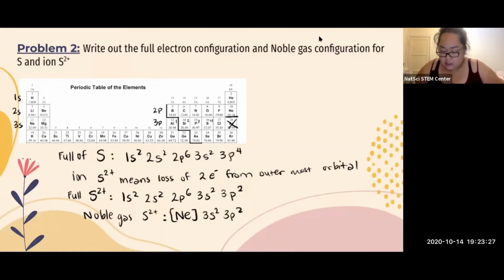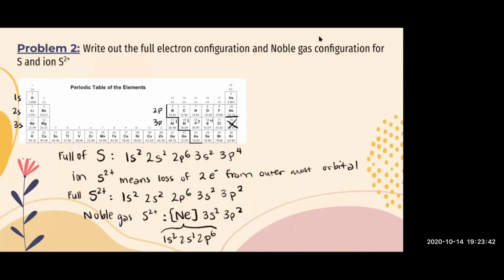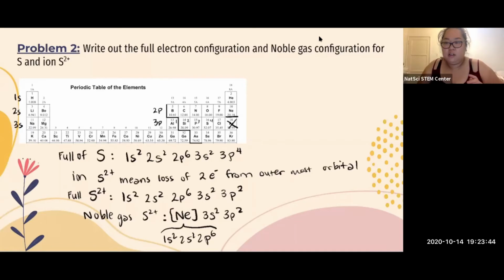Your noble gas just fills up everything before 3s, so 1s2, 2s2, 2p6. That's the electron configuration of neon. It's just a way to make it so you don't have to write everything out.